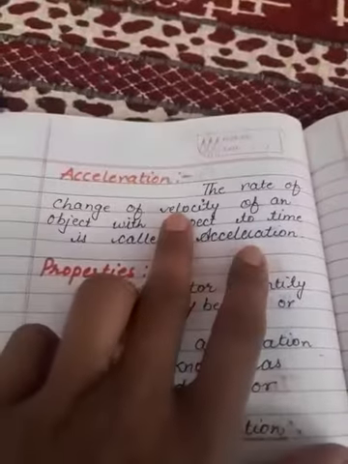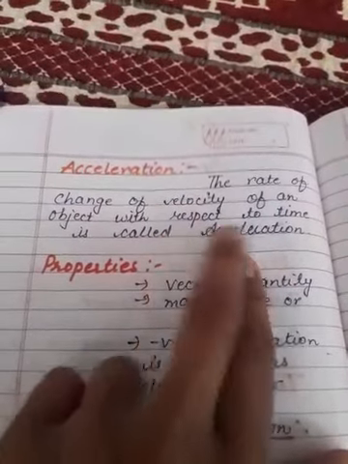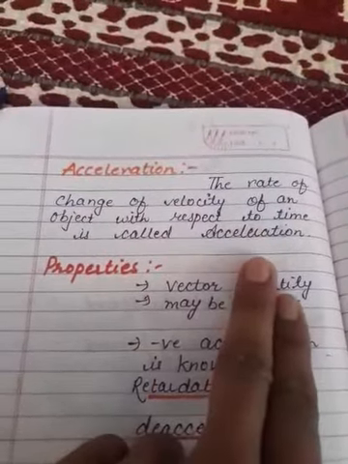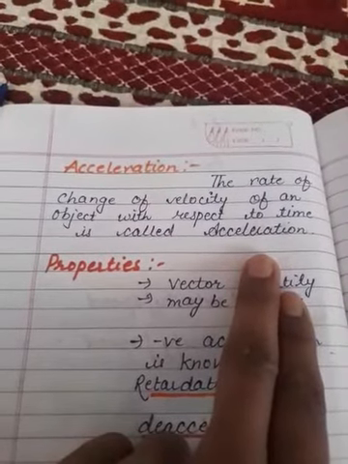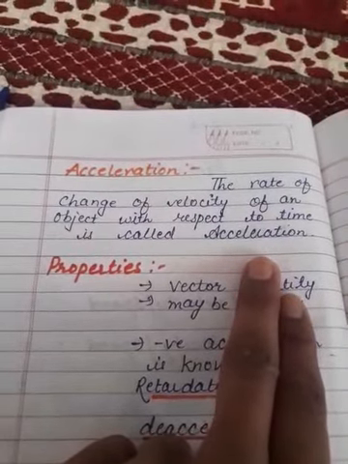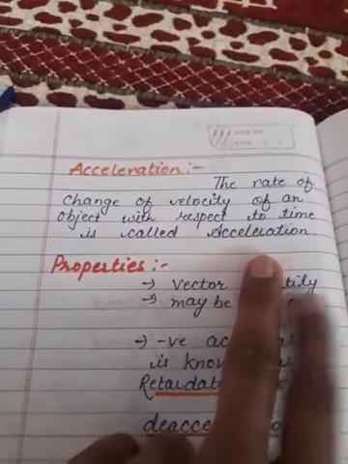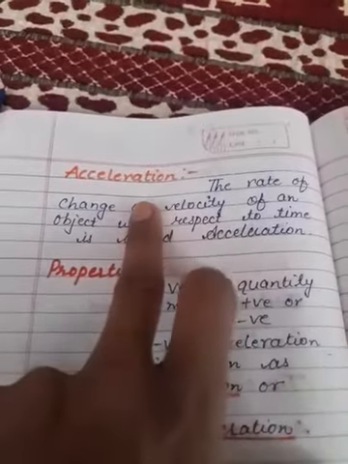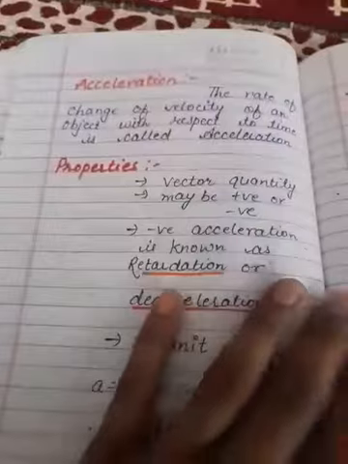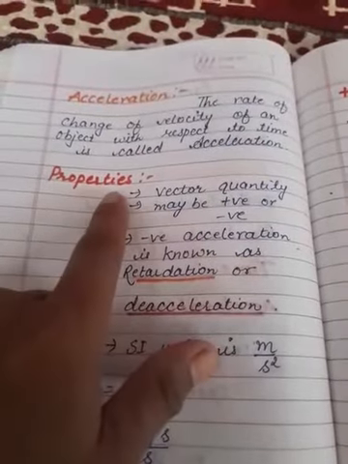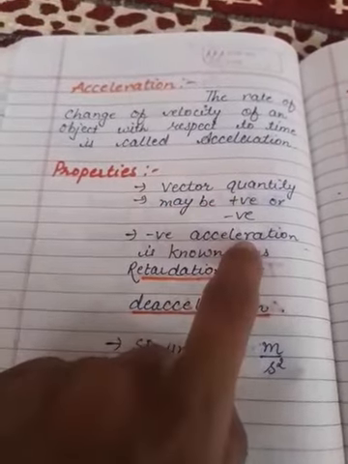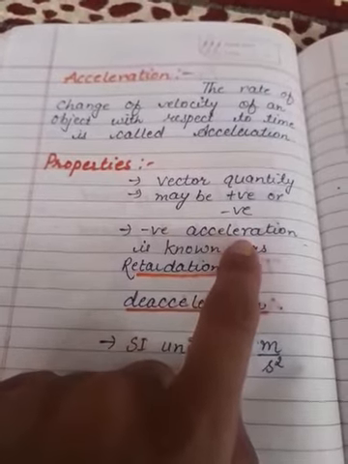Acceleration: the rate of change of velocity of an object with respect to time is called acceleration. When we are talking about rate of change of velocity, at which rate velocity changes with respect to time, that is called acceleration. What are the properties of acceleration? It's a vector quantity. It may be positive or negative, or it may be zero also.